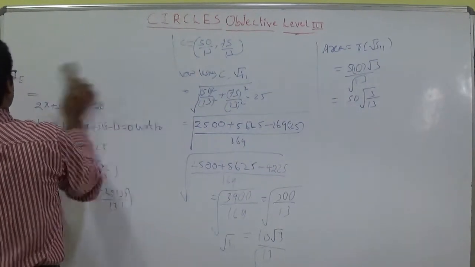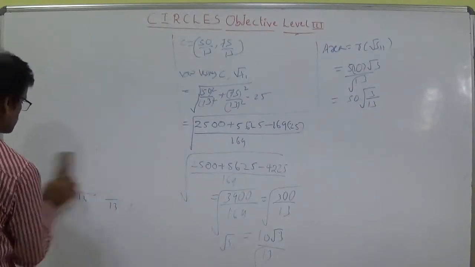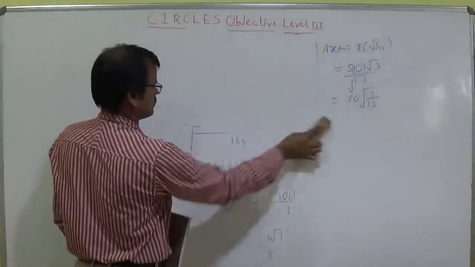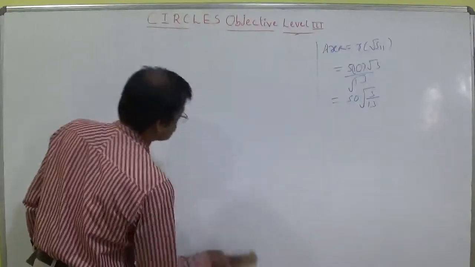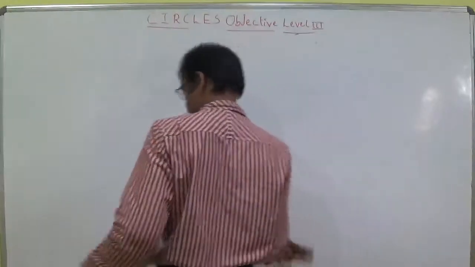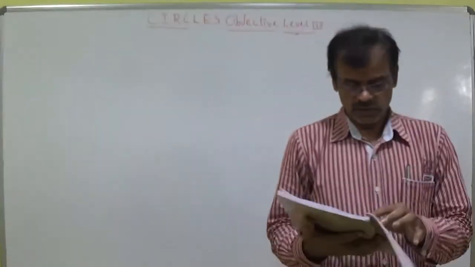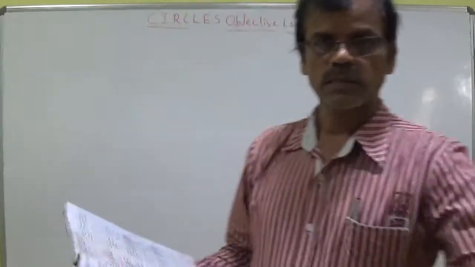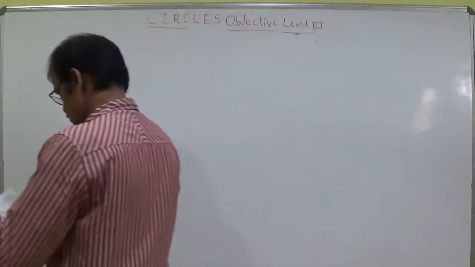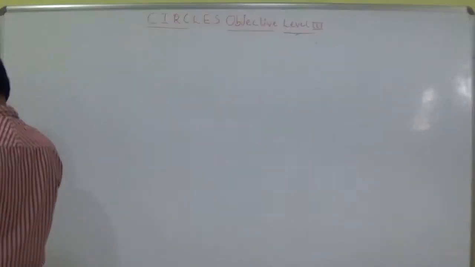53rd question. Concentric circle concept. 52nd question completed. We got the third option. 53.